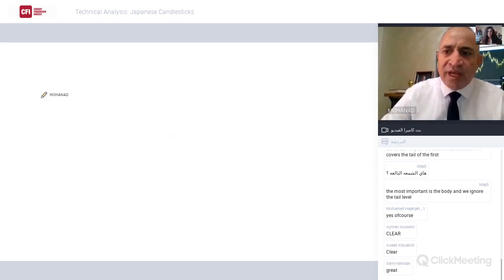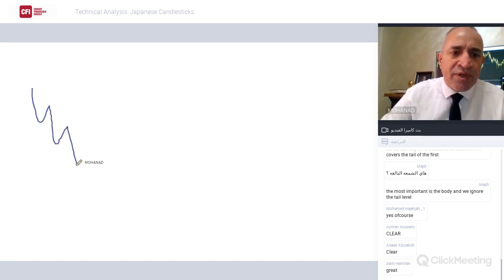Let's start with the bullish reversal double candlestick. When we are moving in a downtrend, and I have a black candlestick, the next candlestick must be a white candle and cover completely the first black one.